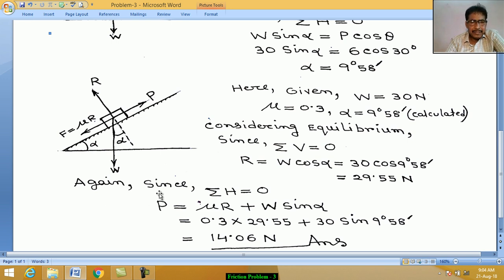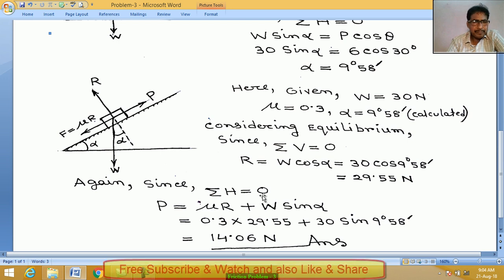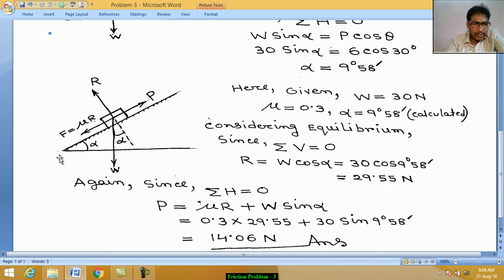Now again, since sum of the horizontal force 0, in left side direction horizontal force, we consider this inclined plane. In left side mu R plus component of W, W sin alpha.